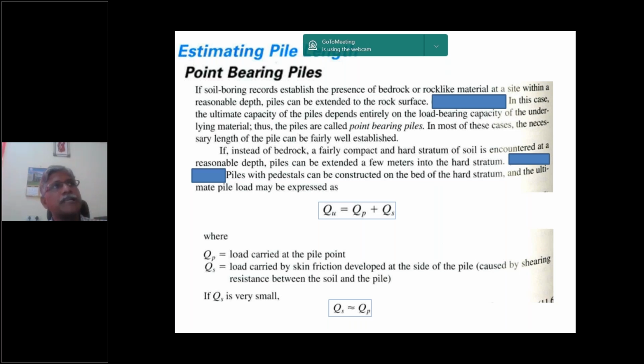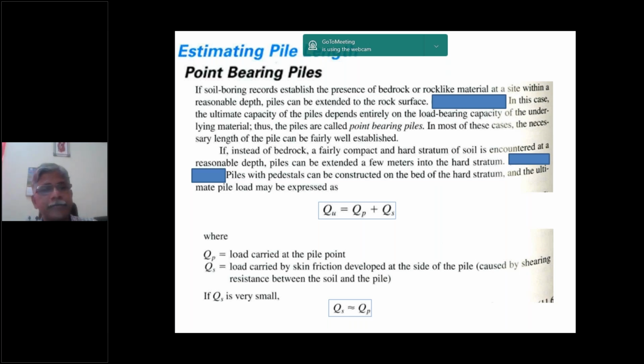Sometimes we can derive the actual capacity of pile only from the frictional resistance, and sometimes from both the frictional resistance and end bearing, and sometimes if the pile is passing through loose soils where there is not much friction and resting on the hard strata, then in that case we get the capacity mainly due to end bearing.